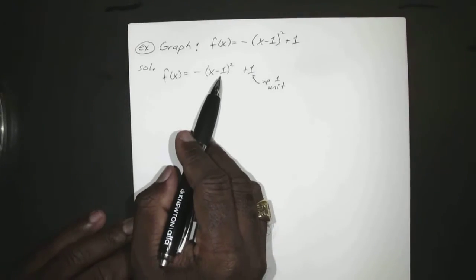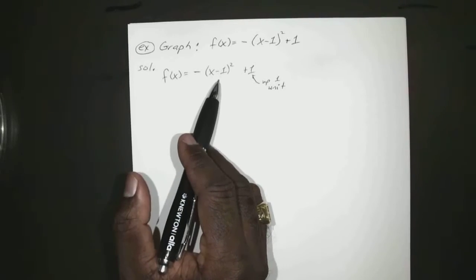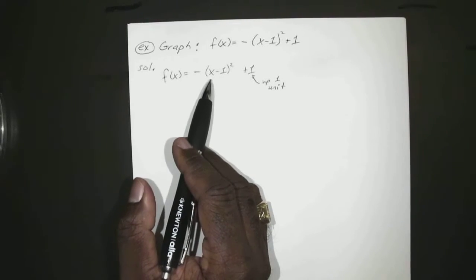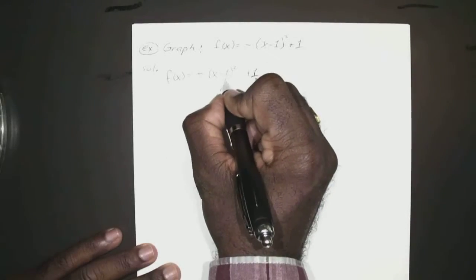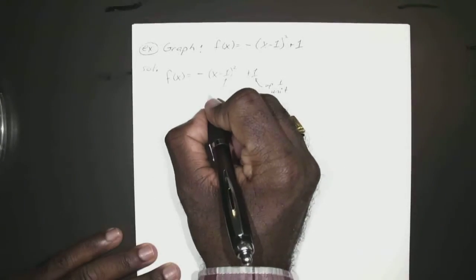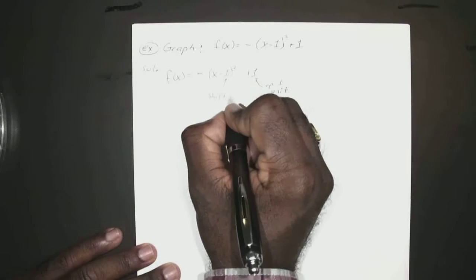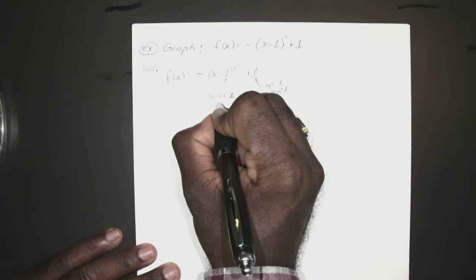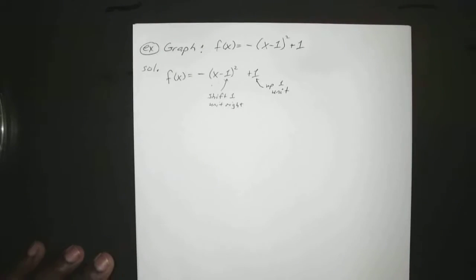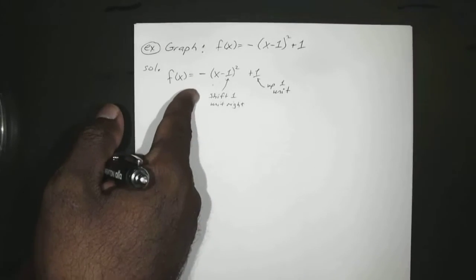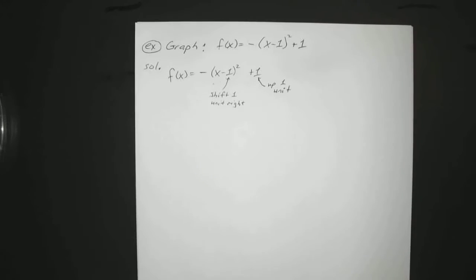Now whenever you have the number on the inside, remember the minus on the inside means it's going to shift right. If that would have been a plus, it would have shifted left. So that minus 1 is going to shift 1 unit right. Okay. And that negative on the outside, remember that negative means reflective.